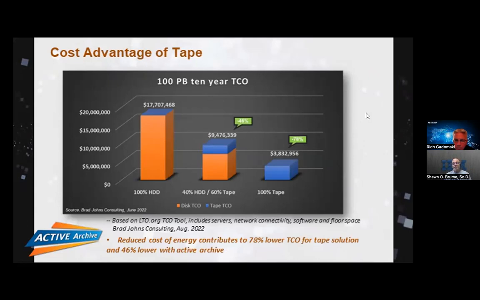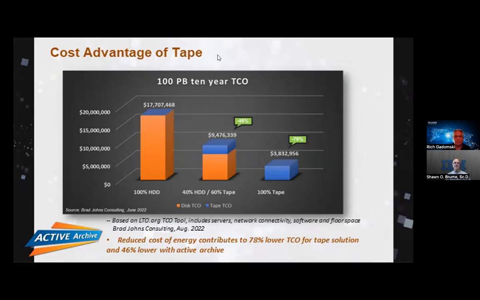So if we're going to deploy 100 petabytes, a 10-year total cost of ownership, which includes things like maintenance and energy and cooling and replacement of parts, a 100% HDD solution may run in the scale of $17 to $20 million over that 10-year period.